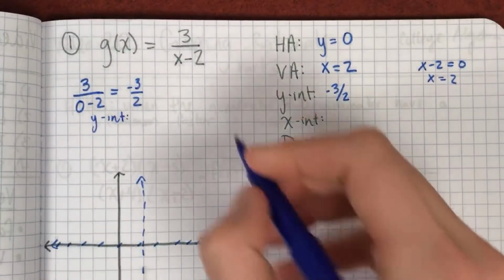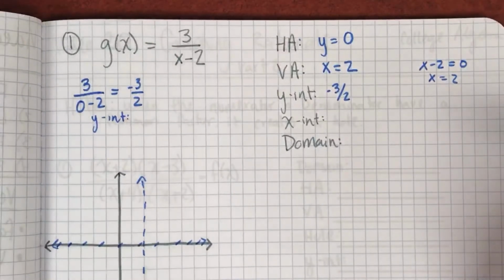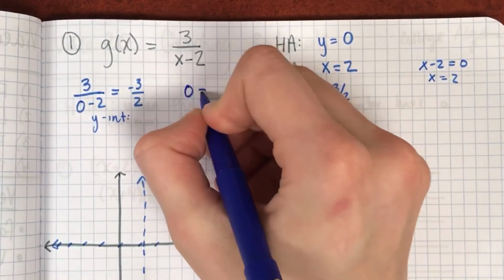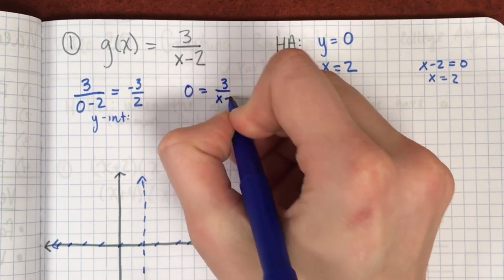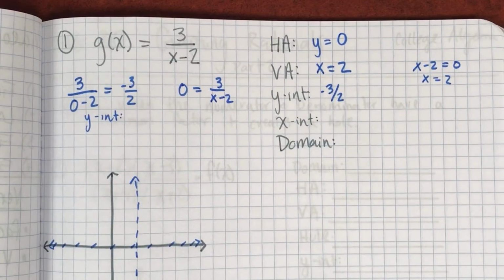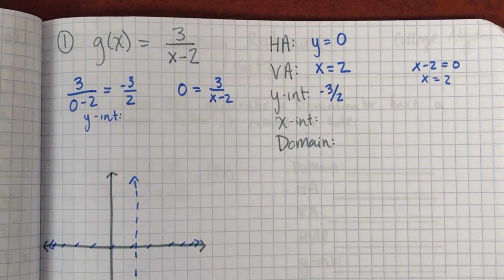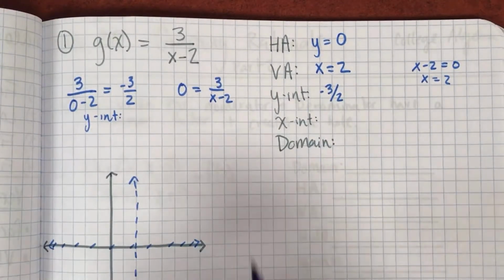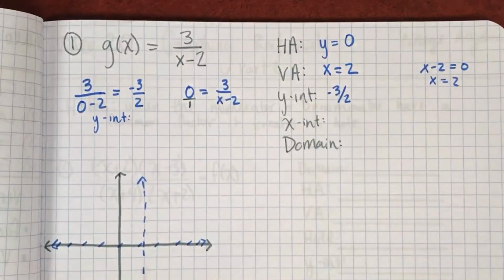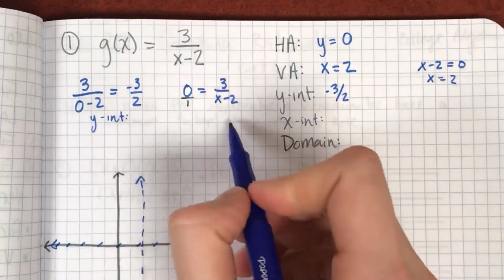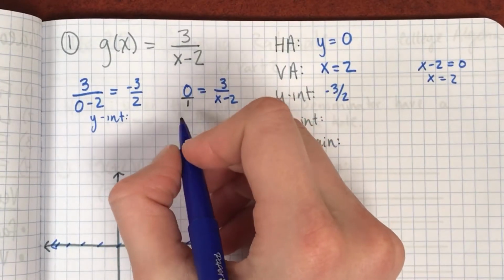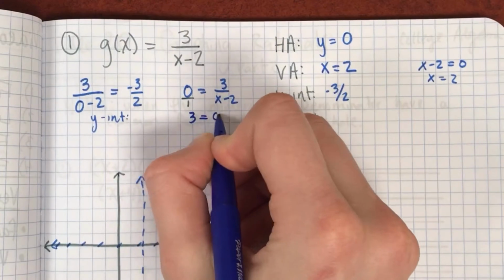Now to find our x-intercept, we put our function equal to 0. So here we're going to have 0 equals 3 over x minus 2. Now from here, we can cross multiply. If you think of this as being 0 over 1, when you cross multiply, we simply have 3 equals 0.